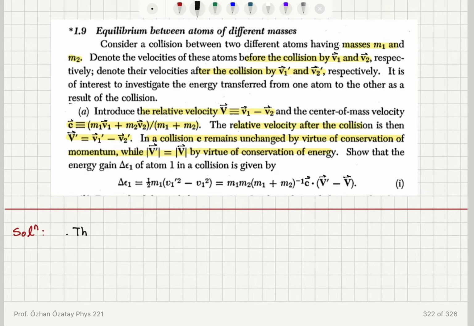The relative velocity of m1 with respect to m2, or the atom with mass m1 with respect to the atom with mass m2, is given by capital V vector, which is v1 minus v2.